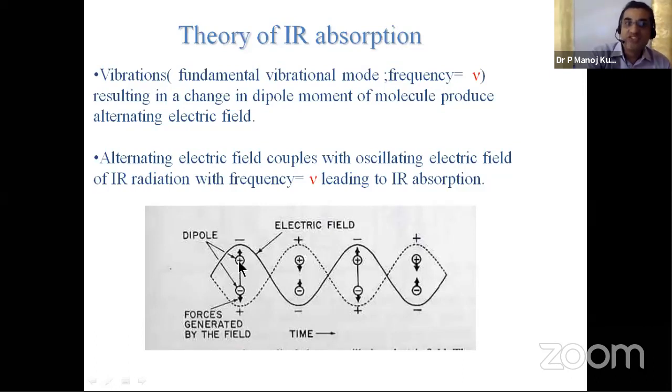So this change in the charge distribution across this bond produces an oscillating electrical field. Whenever a molecule is polar in nature, why does it become a polar molecule? It has got a polar bond. And when there is a polar bond, there is always a dipole. And when these two atoms are vibrating, that means the distance is decreasing and increasing, decreasing and increasing.